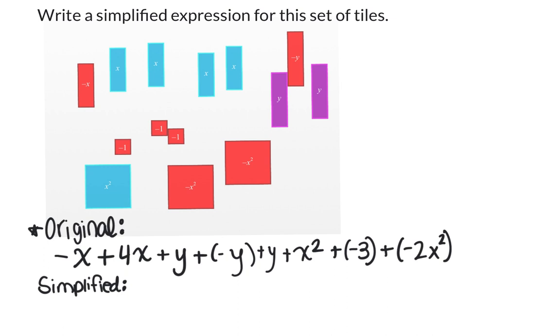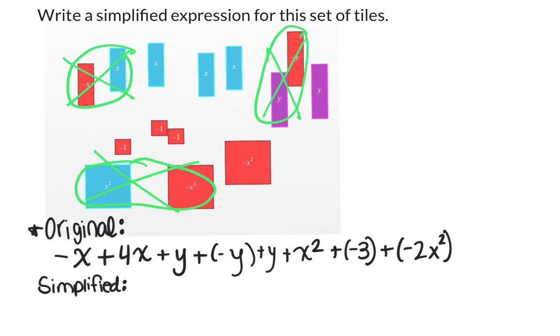All right, so I'm going to start by finding some 0 pairs. An x and a -x, a y and a -y, an x squared and a -x squared. Those are all going to cancel out, and my simplified expression is what remains. So here I've got a -x squared. And then I've got 1, 2, 3 x's, so plus 3x.